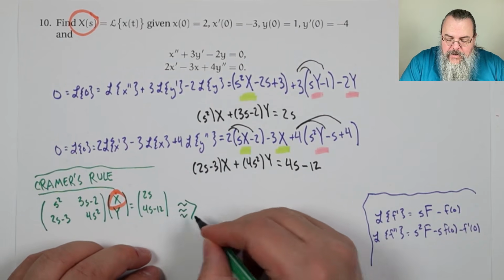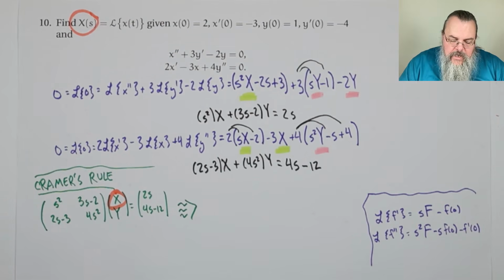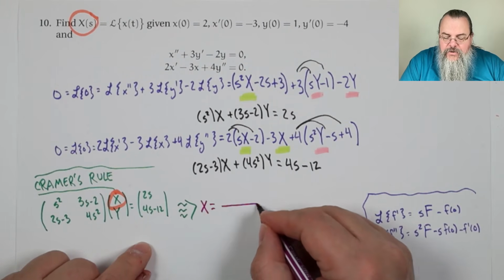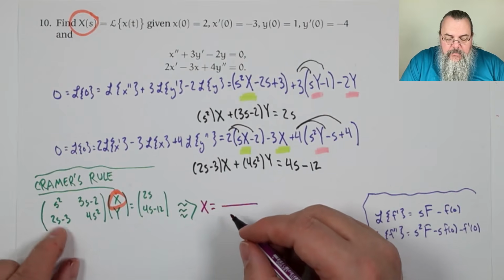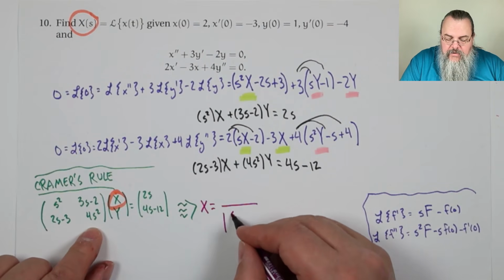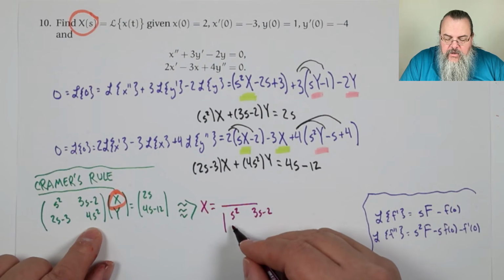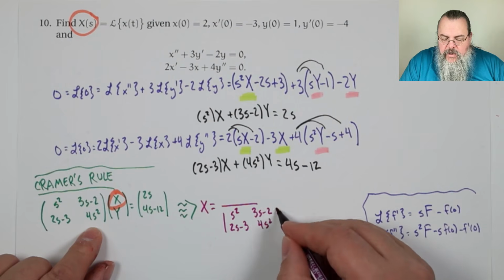So we have, and I'm going to switch it up because we're near the end, capital X is the ratio of two determinants. Now the bottom comes from the determinant of the coefficients: s squared, 3s minus 2, 2s minus 3, 4s squared.